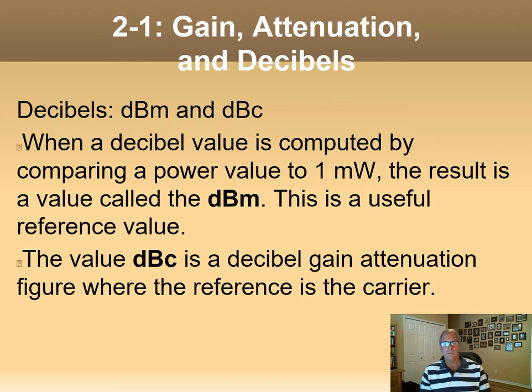We don't know what that is yet, probably, but the carrier is the actual signal you tune to on a receiver, or what the transmitter is transmitting frequency. Those would get a little extra letter here, dBm and dBc. So if you reference the power to a milliwatt, dBm is pretty common. We'll do some examples of that too.